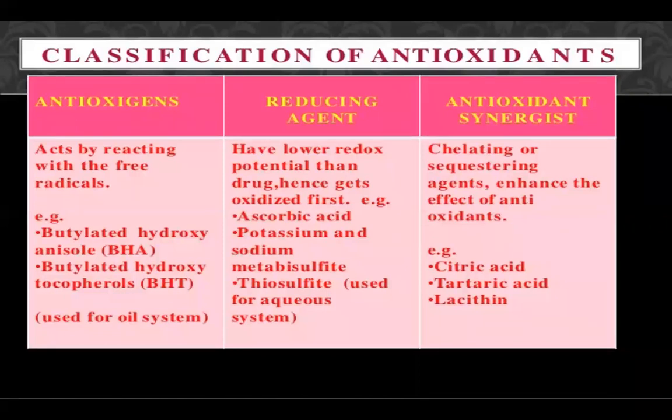Then reducing agents have lower redox potential than the drug and get oxidized first. Examples are ascorbic acid, potassium and sodium metabisulfite, and thiosulfate, used for aqueous systems. Antioxidant synergists, chelating or sequestering agents, enhance the effects of antioxidants. Examples are citric acid, tartaric acid, and lecithin.